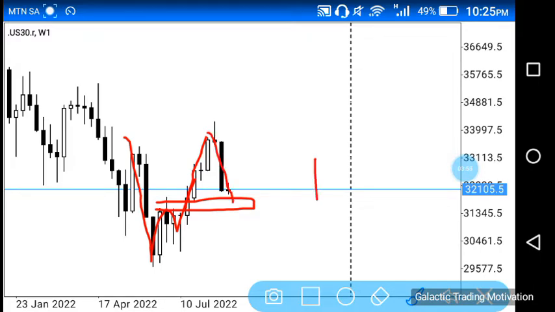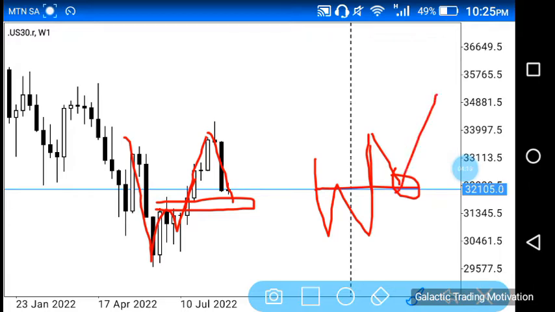Remember guys, when it comes to W structures, we want to see the market push up to break that neckline and then come back to the neckline to test it, and this is where we would look for possible buying opportunities, as the anticipation is for the market to push further up, right? And that's exactly what we expect in regards to this area over here. We should possibly be looking for buying opportunities, as the anticipation is for price to move further up, right?